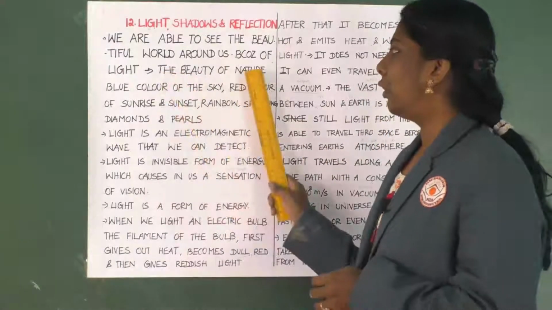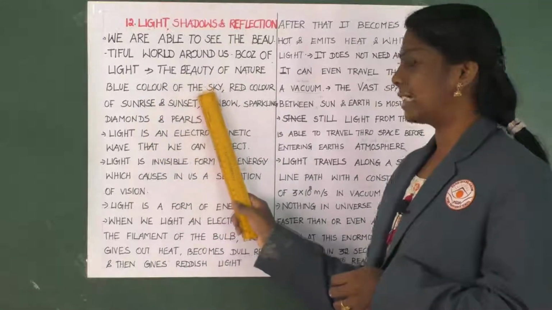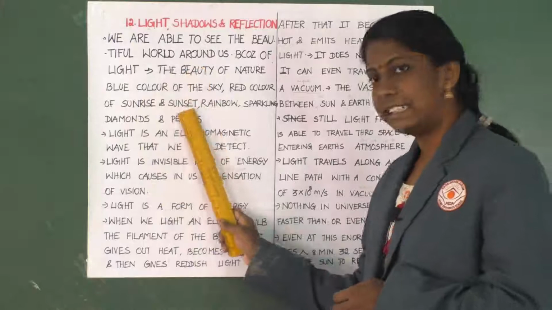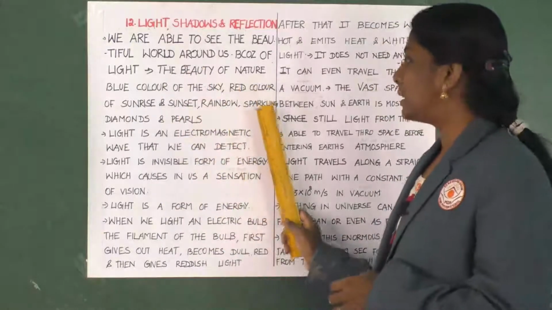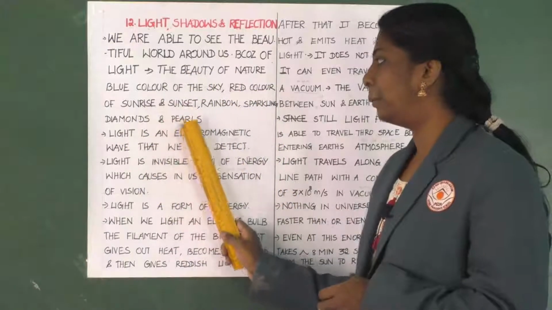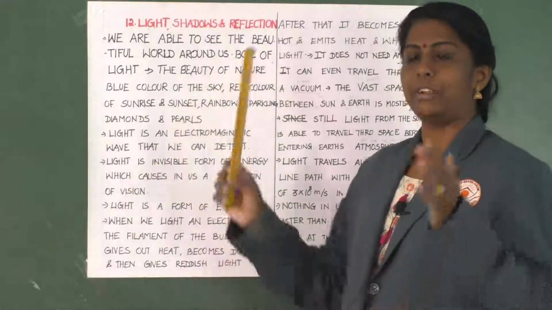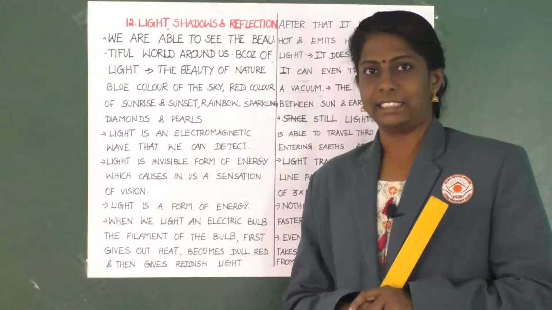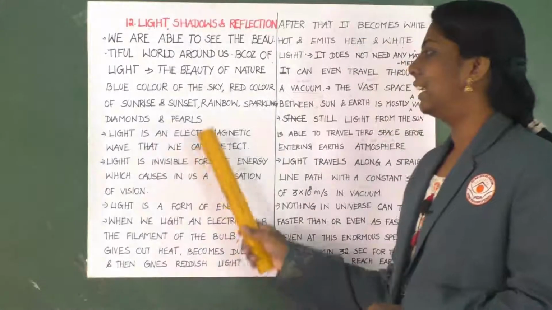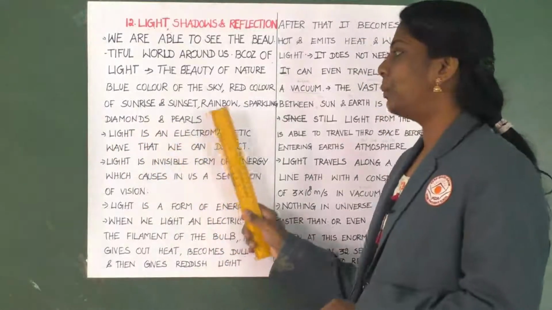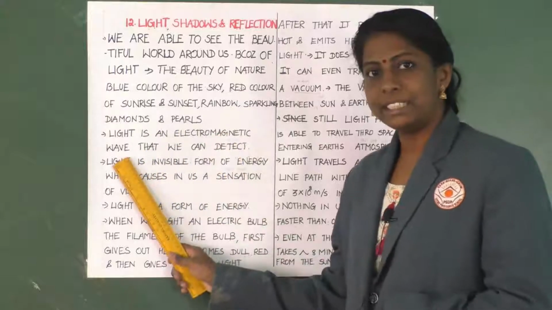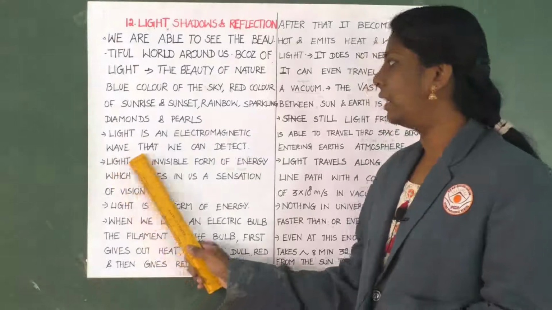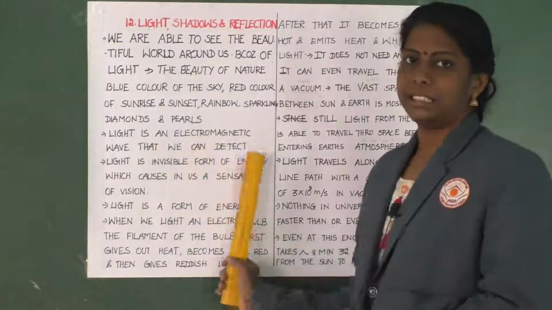The beauty of nature, the blue color of the sky, the red color of the sunrise and sunset, rainbows, sparkling diamonds and pearls, everything we are able to see only because of light. Light is an electromagnetic wave that we can detect.